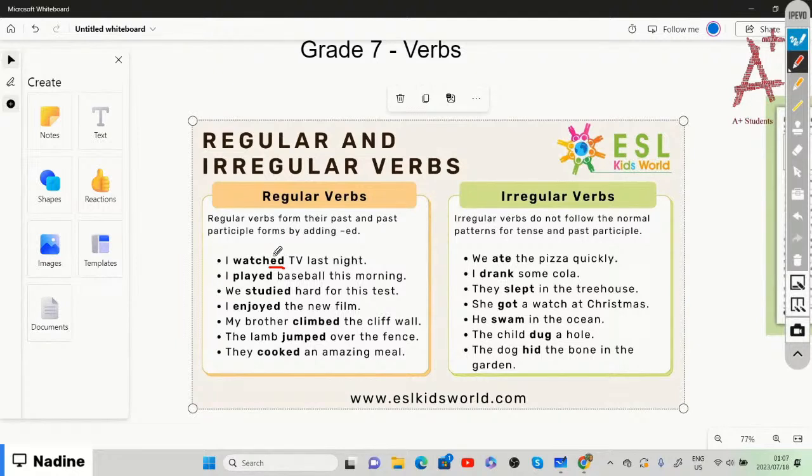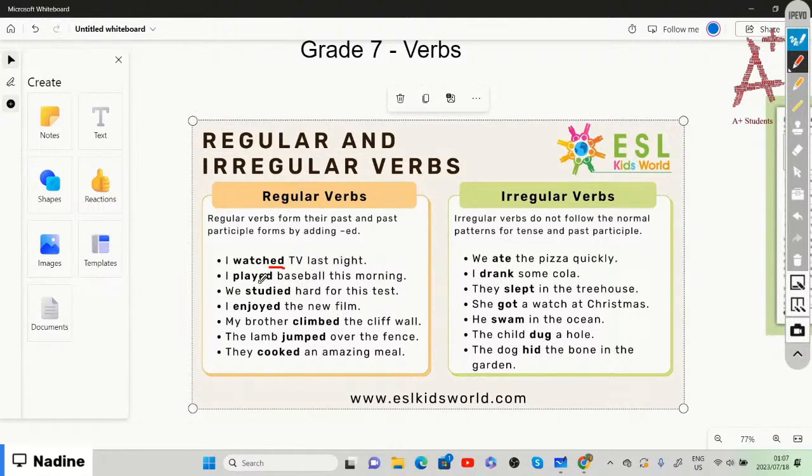I watch TV now is present. But if we want to put it in the past tense or past participle, we can say watched TV last night. So we added an ed to show that the verb is in the past.